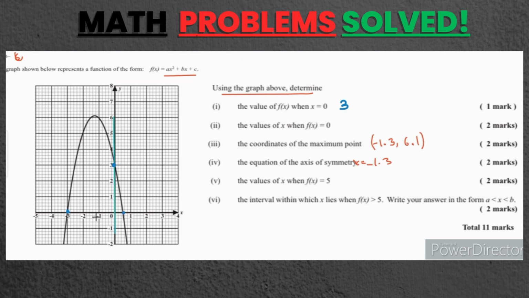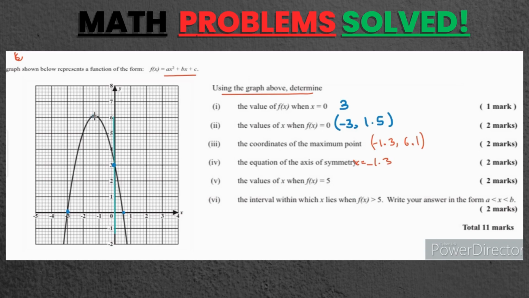These 2 points, -3 and 1.5. Here you can see the value of the function is 0 at these 2 points, right? The graph is touching the horizontal line.